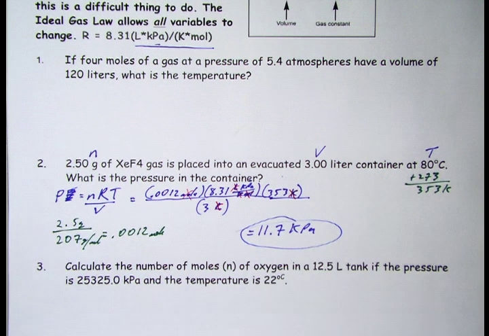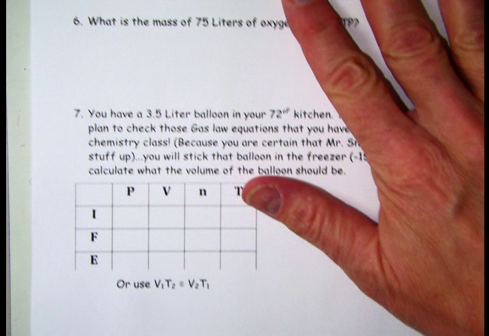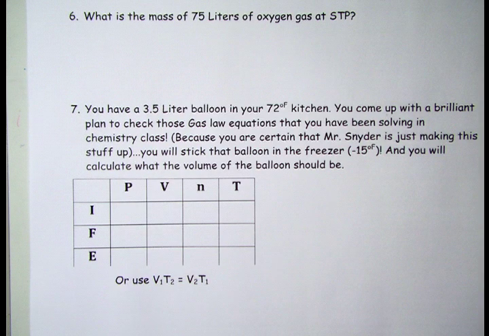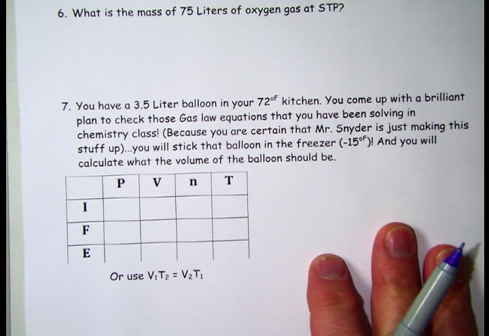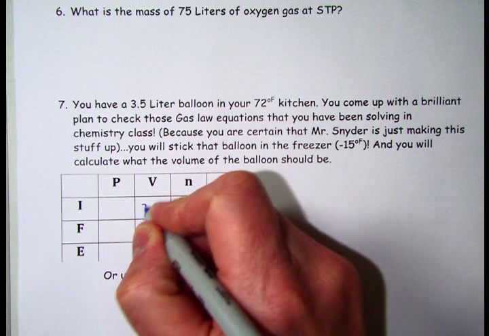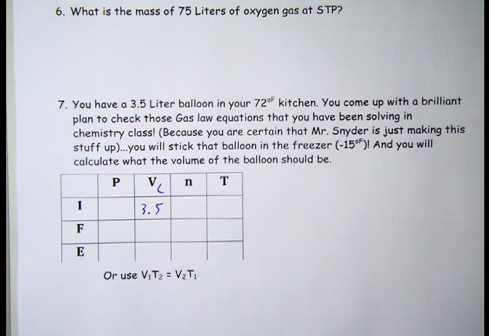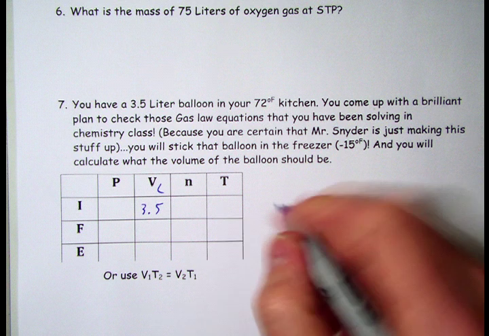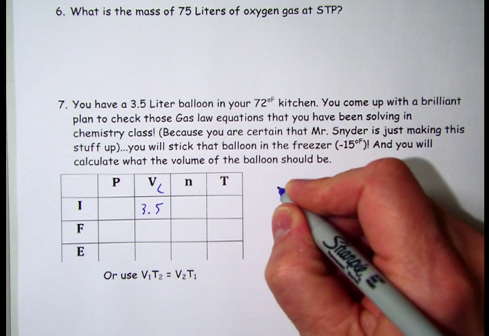I'll move to an ICE problem, which I've done a lot of these all the way since last fall, but they're still kind of difficult when there are multiple things going on here. And we'll see how many are involved here. We have a 3.5 liter balloon, so the volume is 3.5 liters in a 72-degree kitchen. Okay, so we have a temperature, but remember, this has to be in Kelvin.